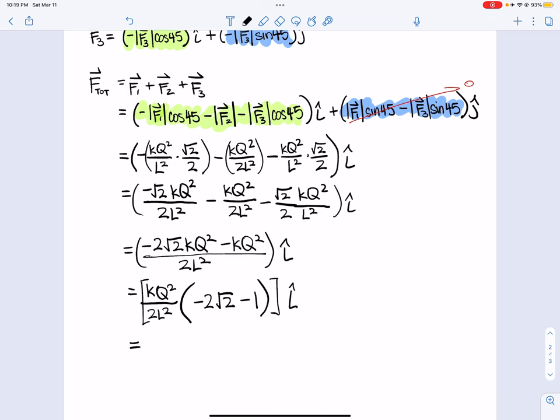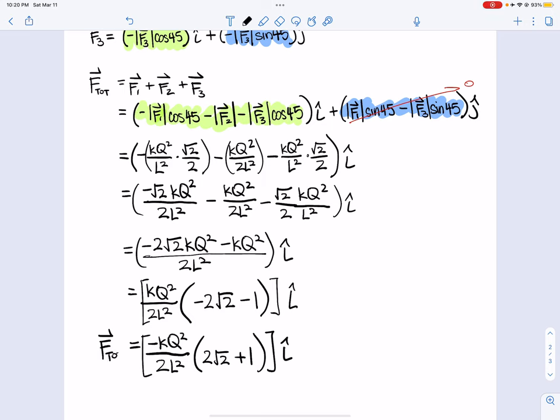So that will be negative kq squared over 2L squared times 2 square root of 2 plus 1, all in the i hat, or x component direction. That is the total force, F total. That is also our final answer. So we have the magnitude and the direction.